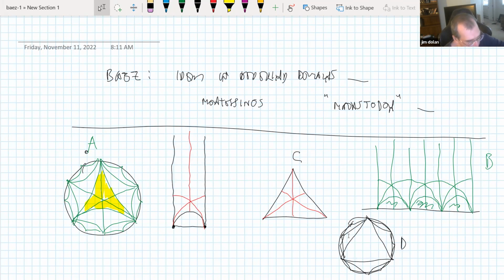You can also put in these lines here. Again, this is very badly drawn. When we looked at this picture over here, maybe I should call it picture E, we saw that there was this 6-fold over-representation of each acute triangle. That was hinting that the 6-element group 3-bang was acting on the picture. But in picture E, the action, if it exists at all, must be in some very distorted way.